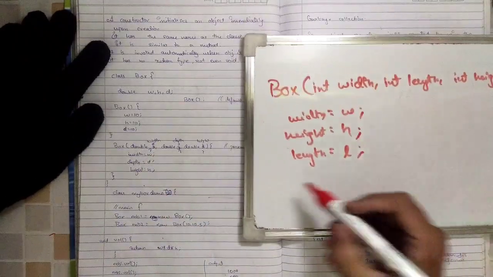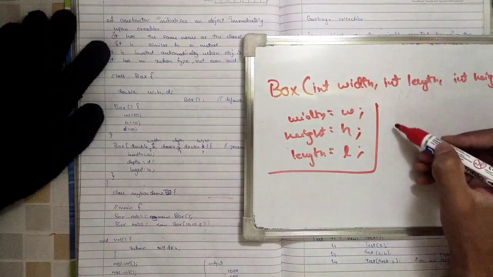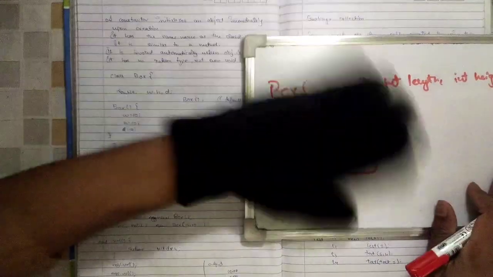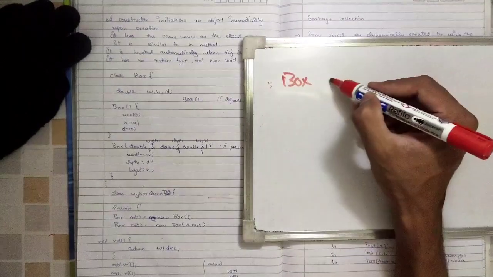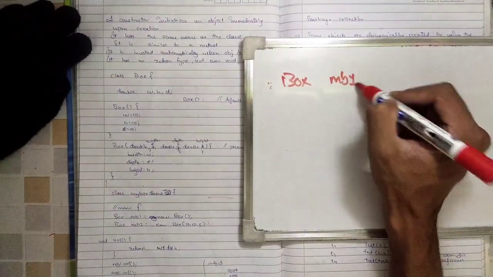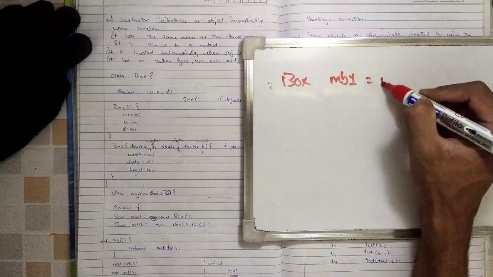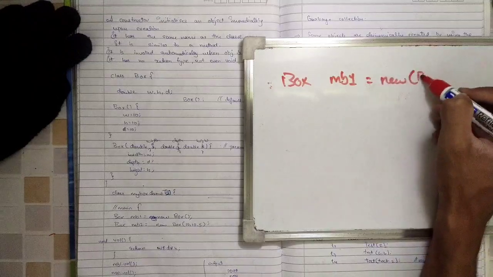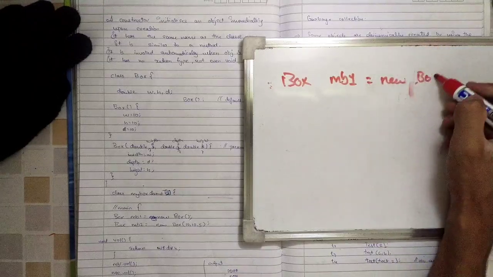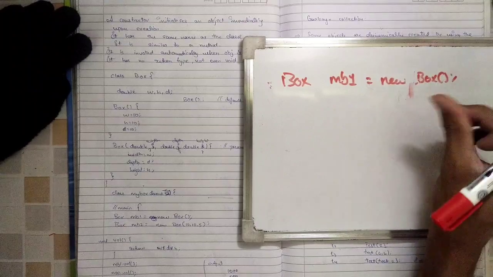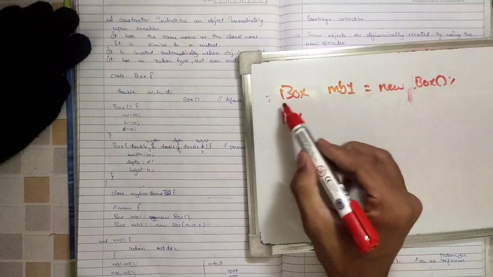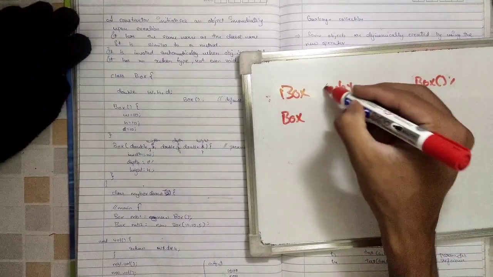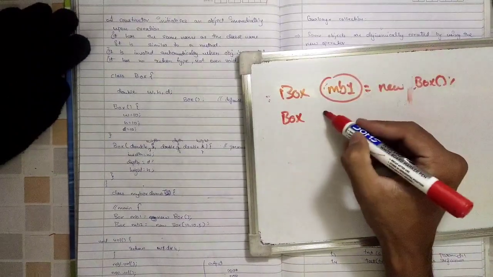Now we see in my main part, I created an object. Let me just erase this. So what I did: Box mybox1 equals new Box. Then again I created another object, using the same sentence, only this part will change. Everything is the same.